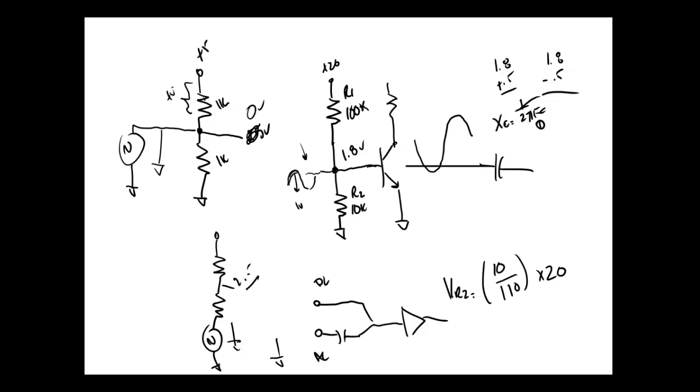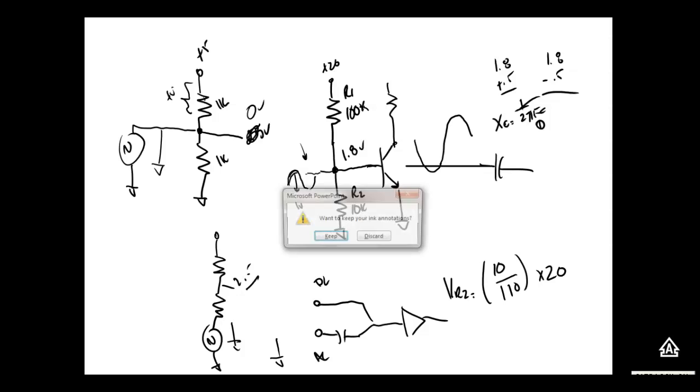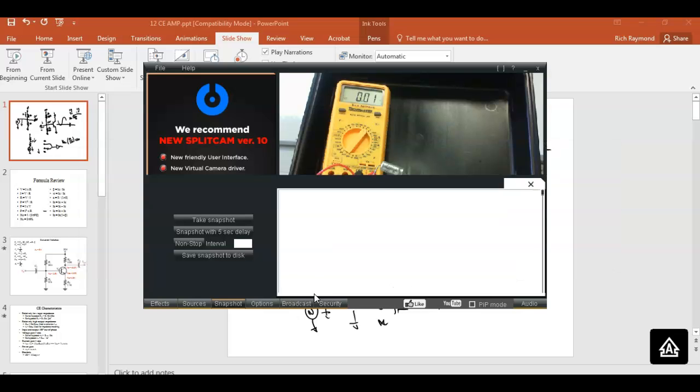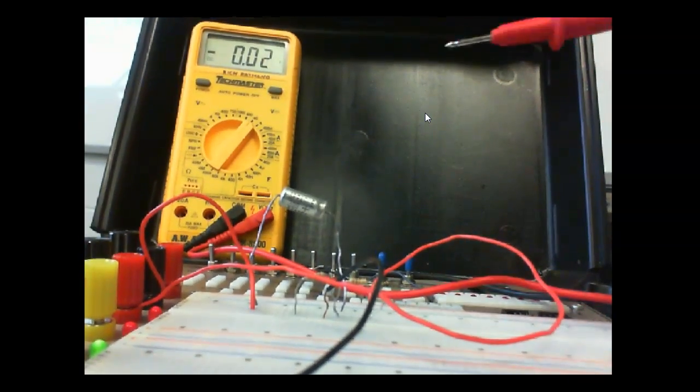I've got the minus pointing toward the AC, and the positive pointing toward the DC. Okay, so I got AC. Let's prove it.